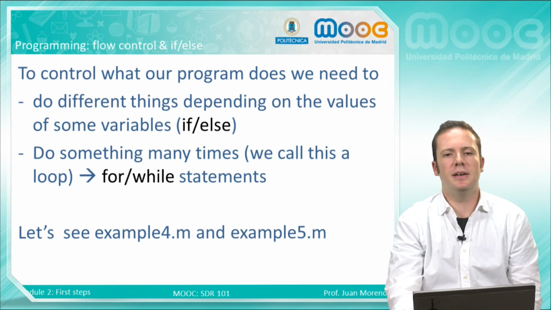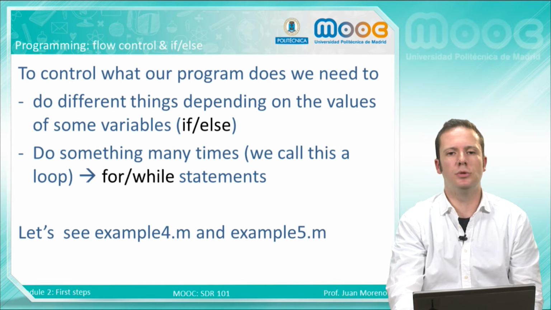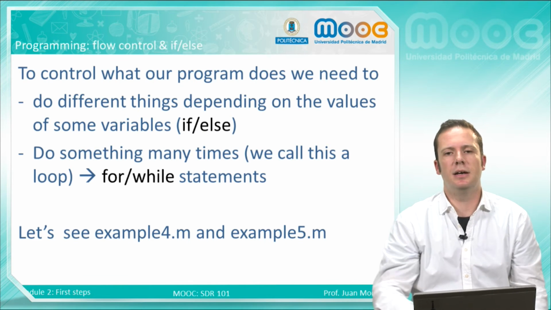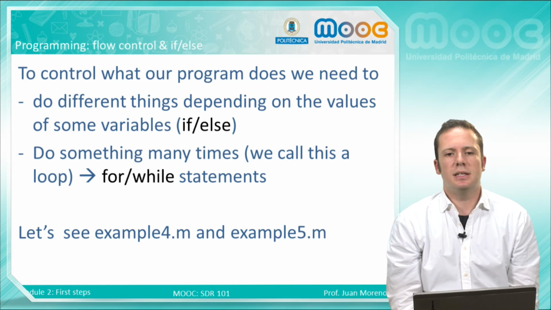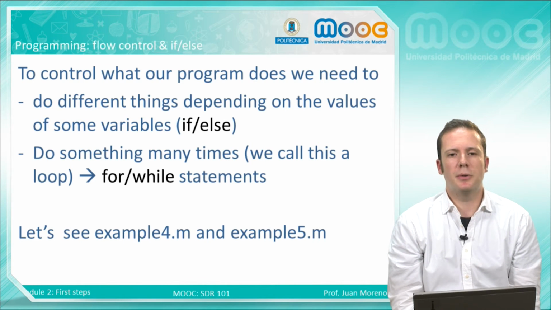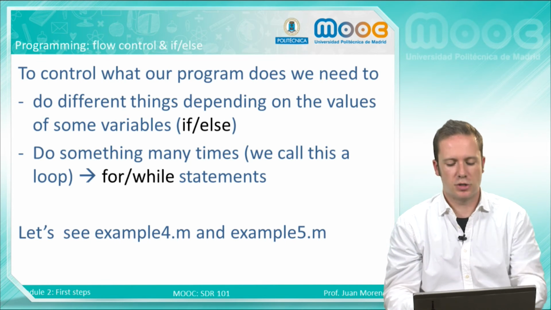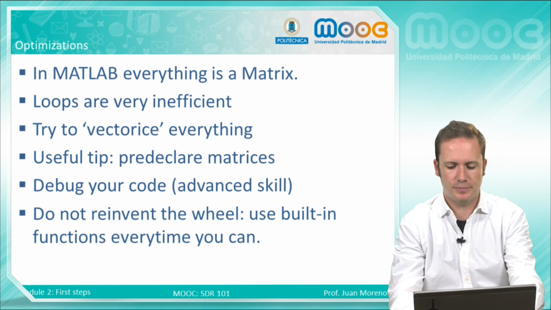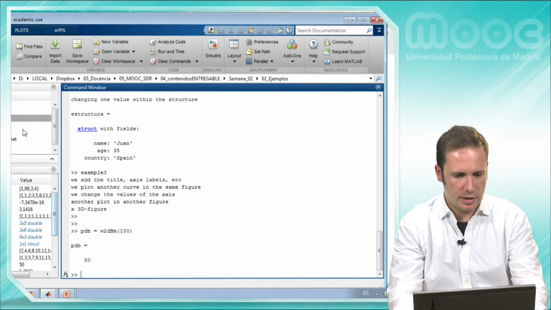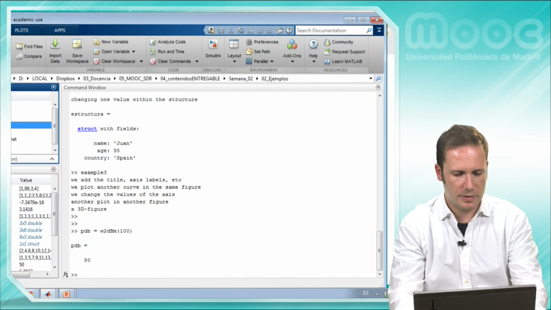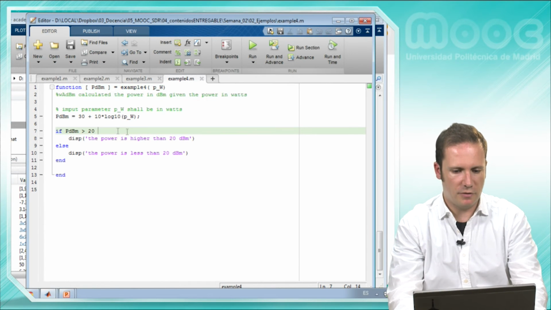Okay, the last thing that we need to know is about the flow control and the if-else statements. If-else is used to determine if a condition is satisfied to execute one part of the code or the other. So, in example number 4, we have a very simple example.